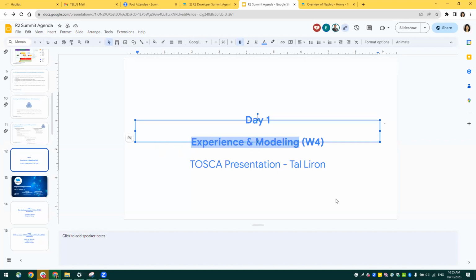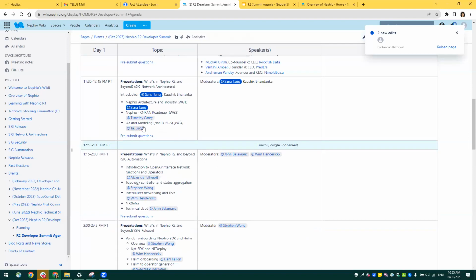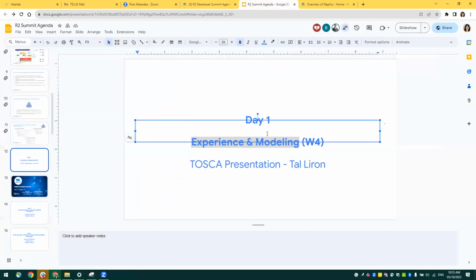I'll give this some thought. I'm clearing tomorrow to create all my presentations. Hopefully I won't get any disruptions and will be able to finish it. UX and modeling and TOSCA. Do you think this is a good label? No, it's a little awkward. Okay, let me give it some thought.